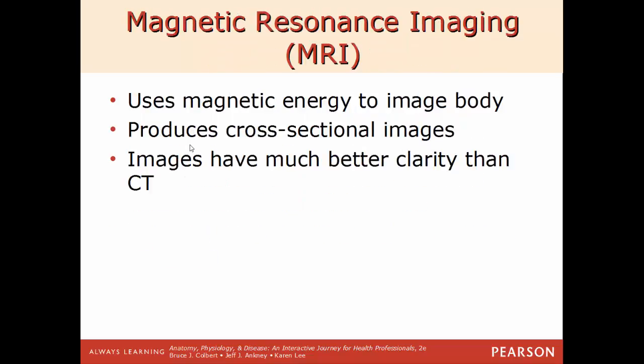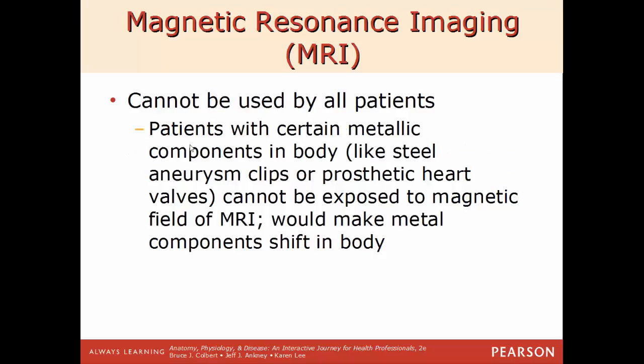The one with the most detail, the MRI, magnetic resonance imaging, will use magnetic energy to image the body. This will produce a cross-sectional image of the body, much better clarity than CT, but as we mentioned before, not everyone can get an MRI. The biggest reason is for people who have prosthetic heart valves or metal implants like a defibrillator or a pacemaker.